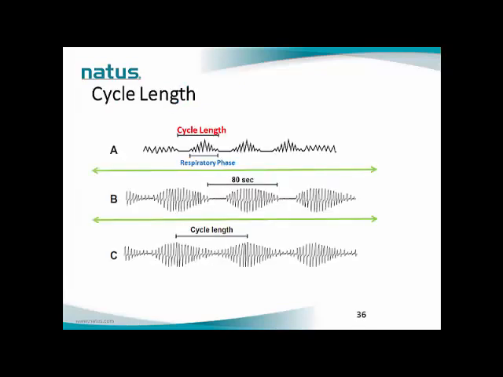Cycle length is measured from the zenith of the inspiratory portion preceding a central apnea or hypopnea till the zenith of the inspiratory portion following a central apnea or hypopnea. This would be time consuming if you don't have an automatic module to correlate all of these events.